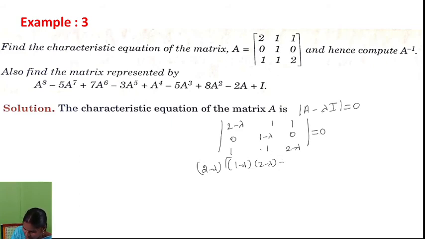Minus 0, minus 1 into 0 minus 0, plus 1 into 0 minus of 1 minus lambda equal to 0.